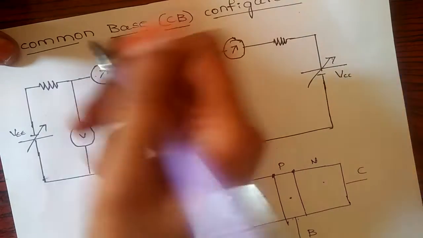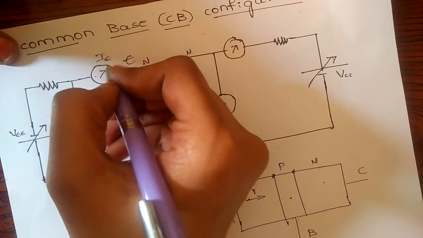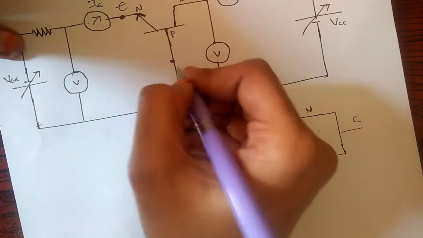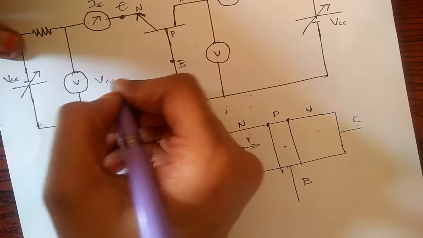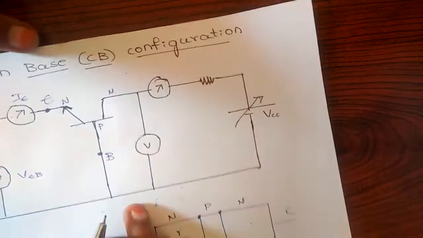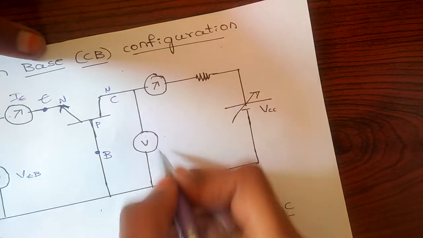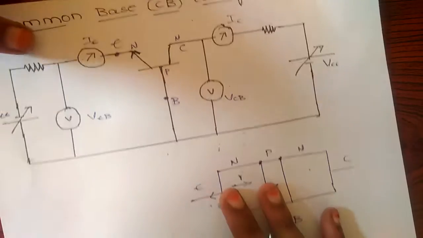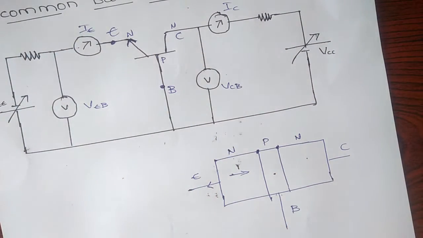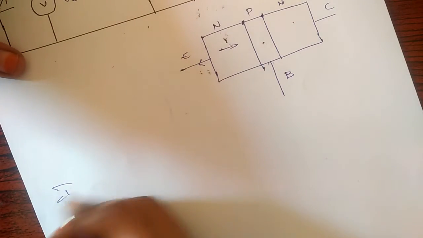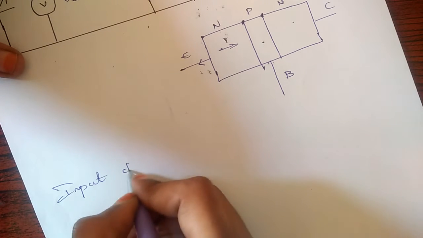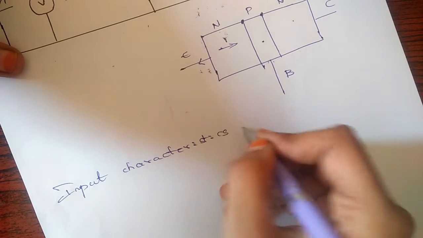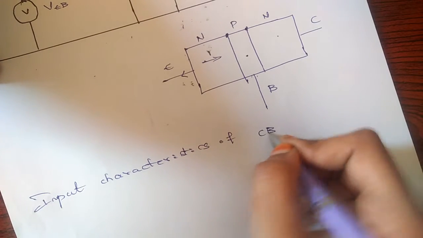Here we have IE, the emitter current, and the voltage between the emitter and base is VEB or VBE. Here it is VCB or VBC, and here it is the IC current. Fine. How to take the input characteristics of CB configuration?